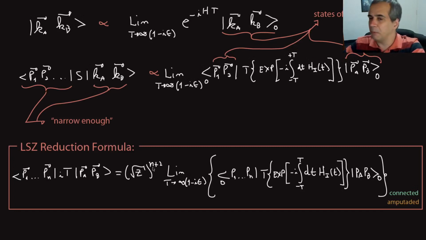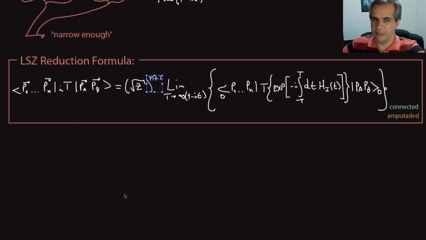So the main objective of our discussion today is to understand the square root of Z here and also this amputated, and the two are related, of course. Let's go through a few examples to clarify that. So again, we'll stay in lambda phi-4 theory, which is our favorite, and think of a 2-to-2 scattering.